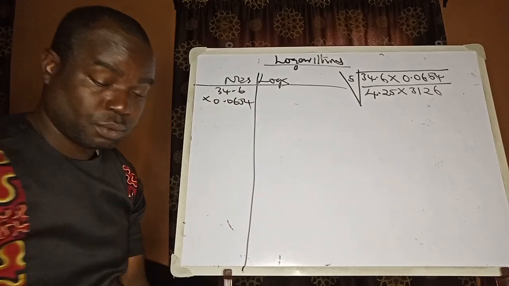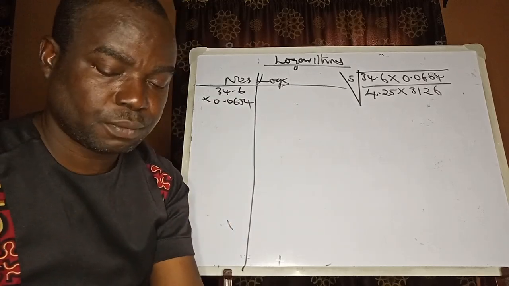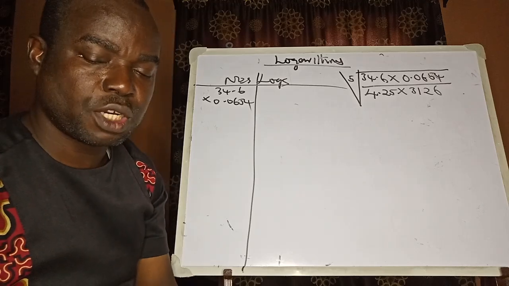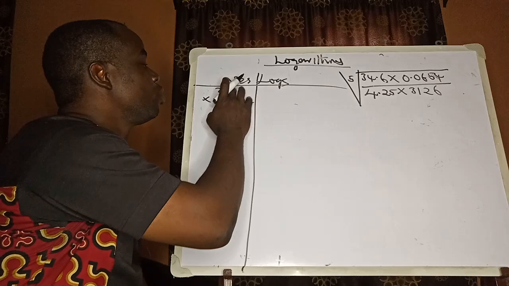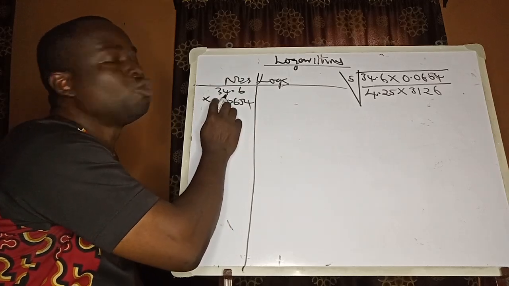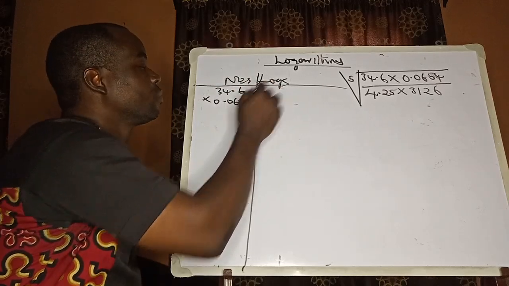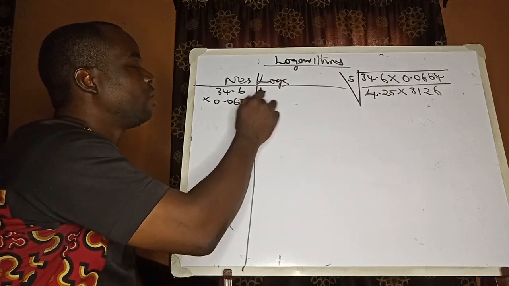How do you find the logarithm of 34.6? I've taught you all these ones. So you have 2 numbers before the point here. 2 minus 1 is 1 point. This one I have 2 zeros, which is bar 2.